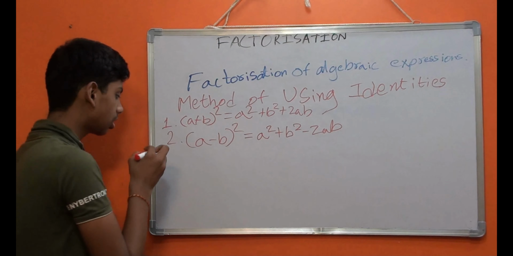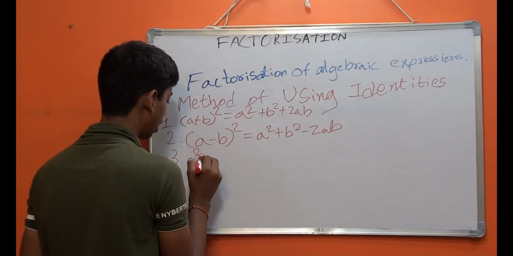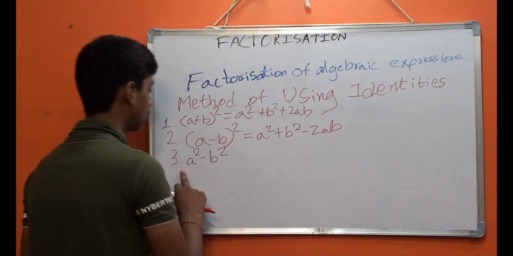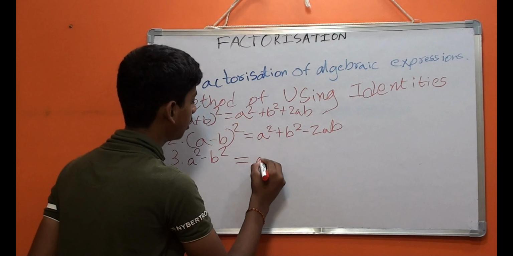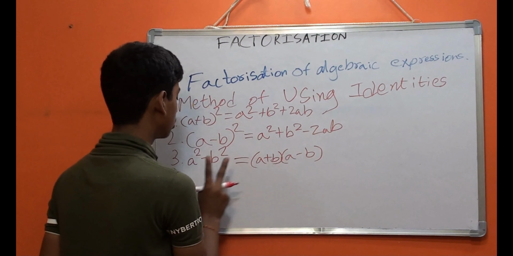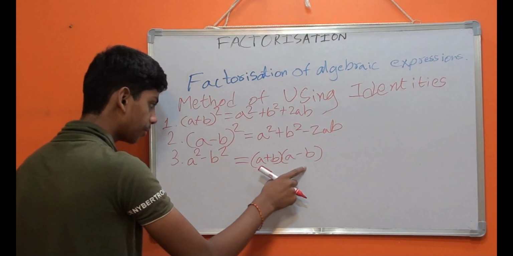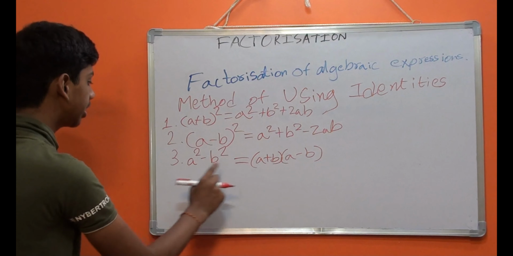So guys, now let's learn about the third identity, which is a square minus b square. So its answer is (a plus b) into (a minus b). So this is the answer for this. Now let's see how. So when we multiply these two, we should get this answer.